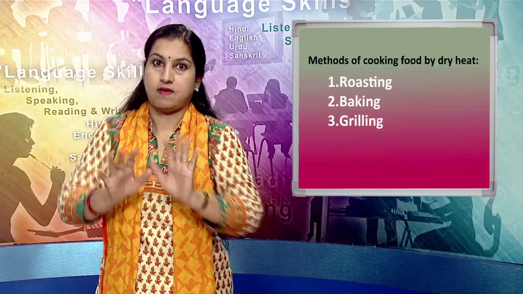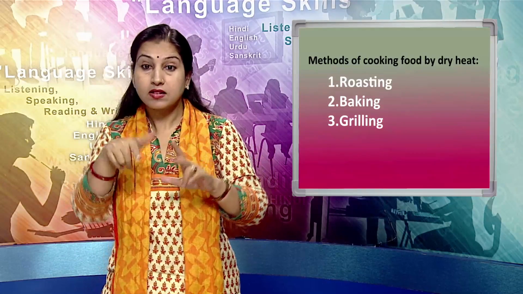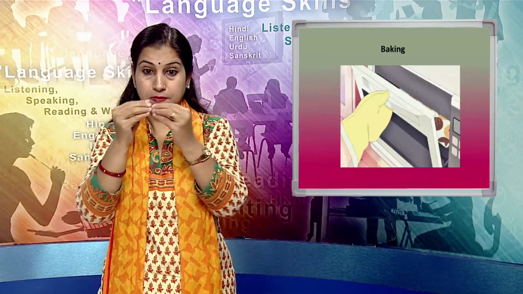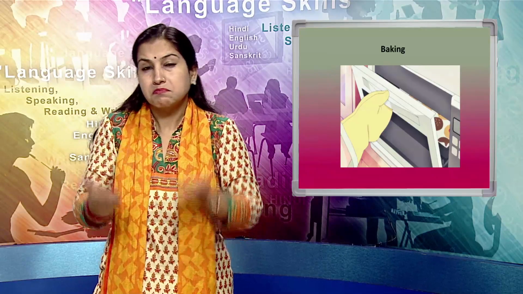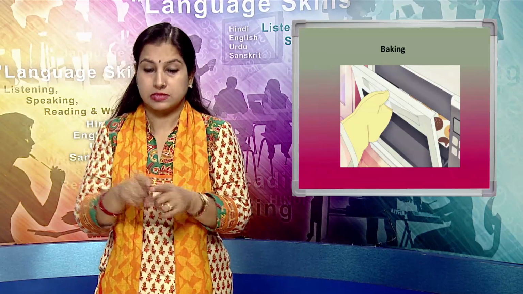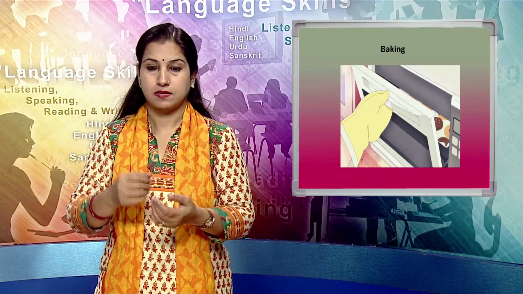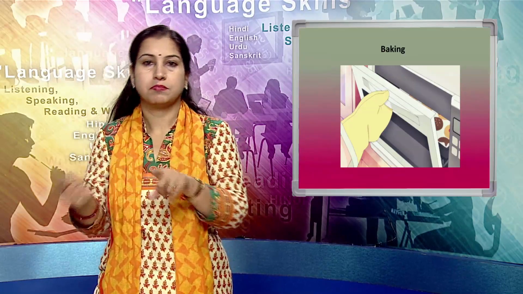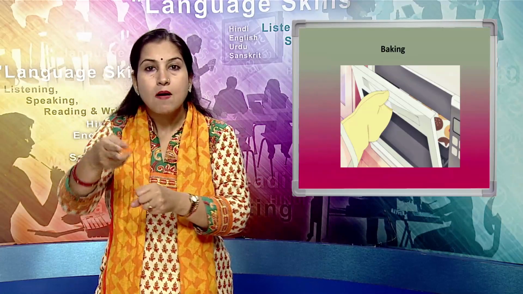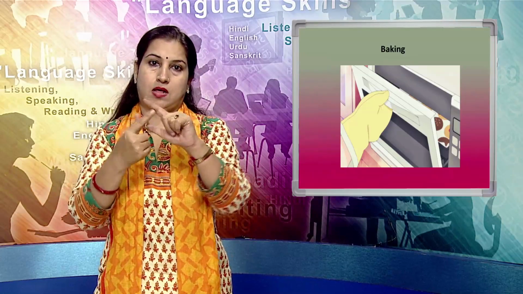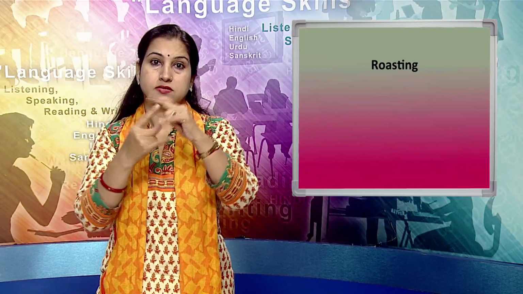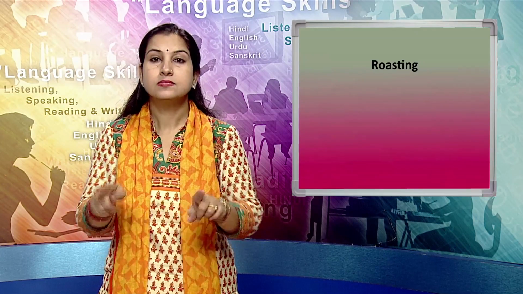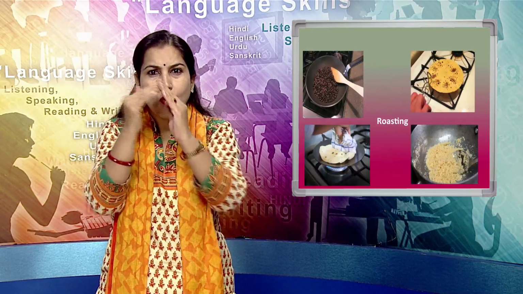The second point of this dry heat column is baking. You must have seen cakes and bread. They are made with this method of dry heat. The third point is roasting. Like you roast chana.